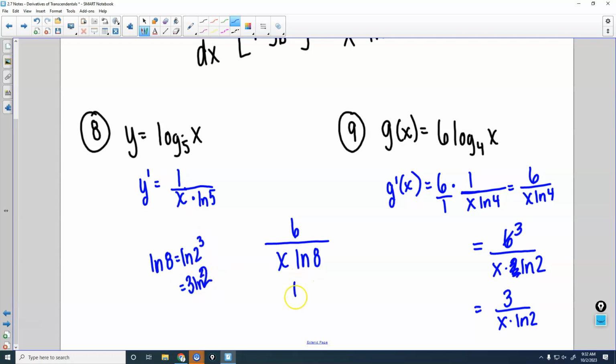So this would be 6 over x times 3 natural log of 2. That would reduce, you get 2. So in this case, you would have 2 over x natural log of 2. So 6 over 8 does not reduce to 2 over 2. The fact that you could just reduce 6 over 4 and get 3 over 2 happens on this one particular example. So it would not be something that you would want to do with all problems.